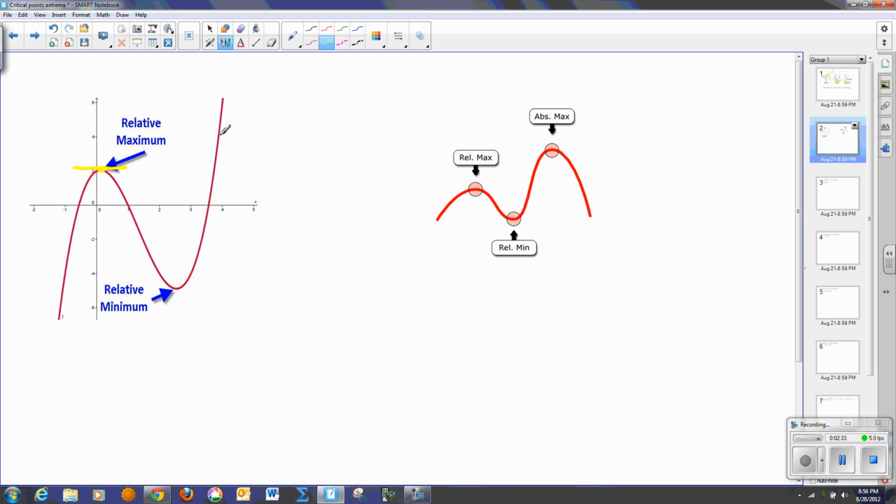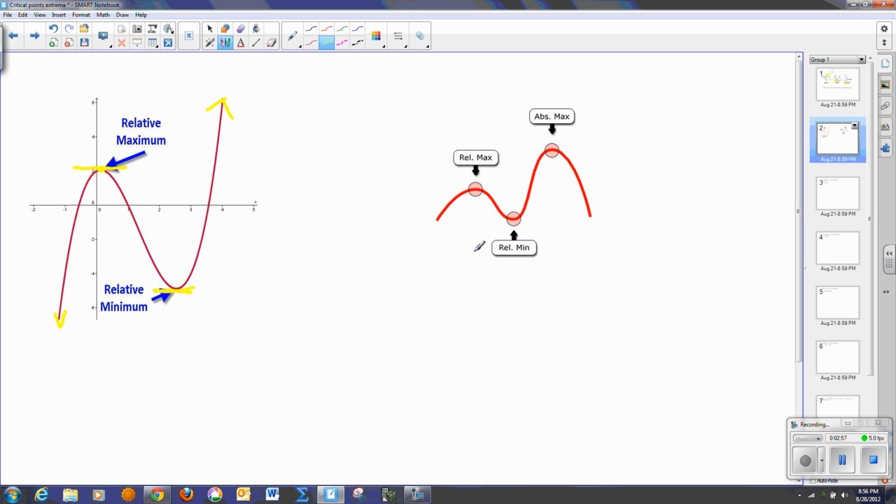It's not the highest point of the graph, because the highest point of the graph is over here to the right. We say it does peak out at this point, and we say it's a relative max. Our lowest value of the graph is way down here somewhere, but this term right here does bottom out, and so we call that a relative min.